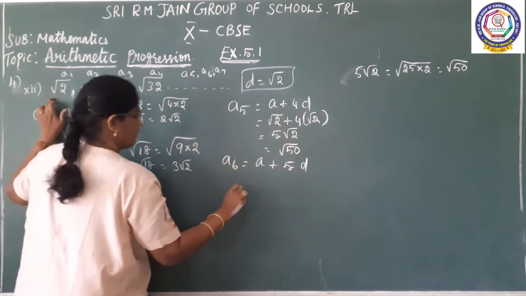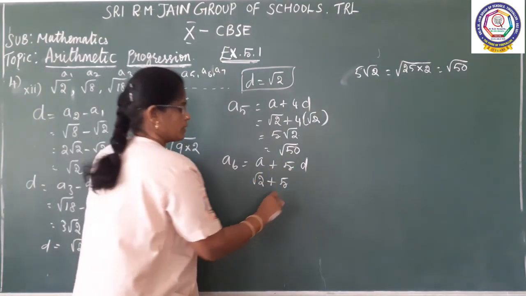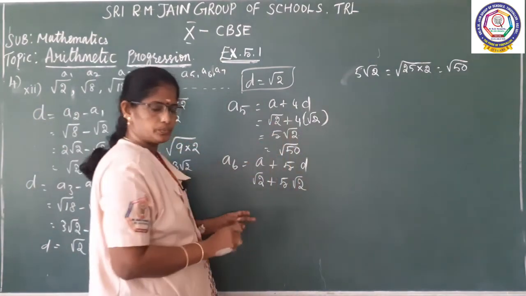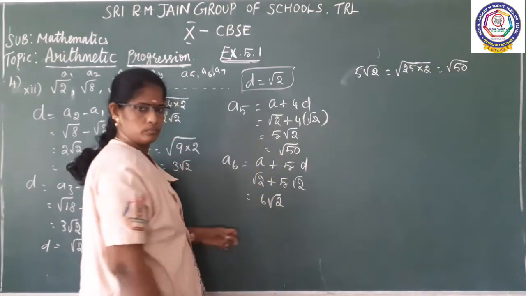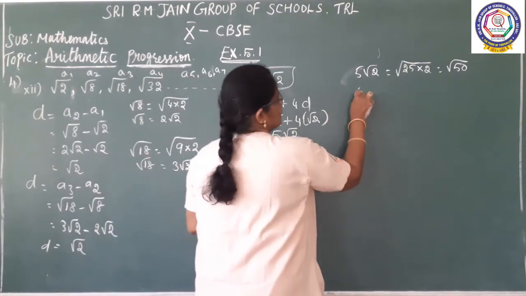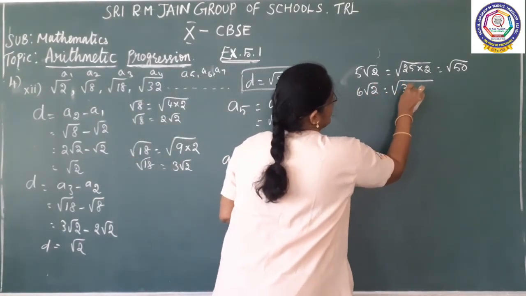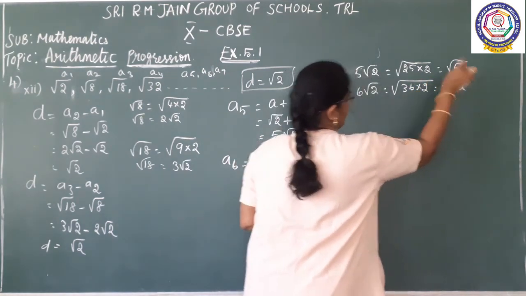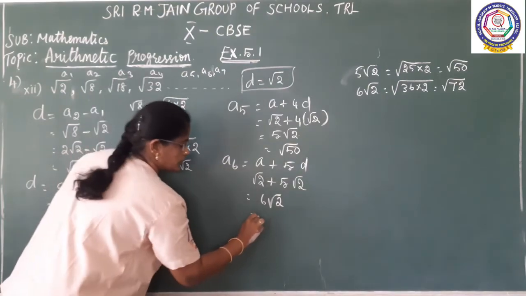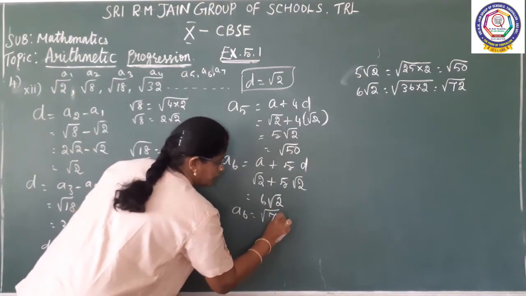What is A? It is given as square root of 2 plus 5 into, what is D we got? Root 2. So if you add, 6 square root of 2. So how can you write 6 square root of 2? If you take square root of 36 into 2, then square root of 72. That is, A6 is equal to square root of 72.